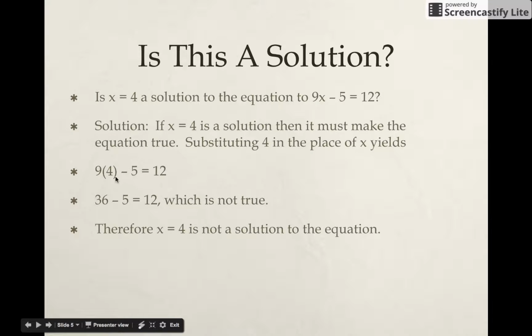When we substitute that value into the equation 9x minus 5 equals 12, and we let x have the value of 4, we get the statement 9 times 4 minus 5 equals 12. This is 36 minus 5 equals 12. That's not a true statement, and so x equals 4 cannot be a solution to this equation.